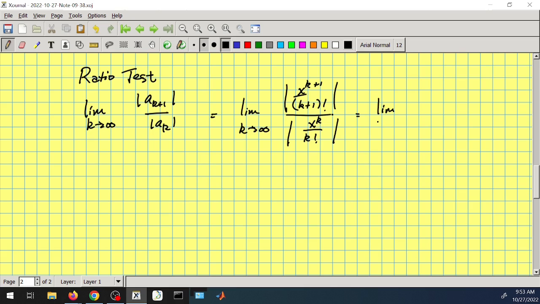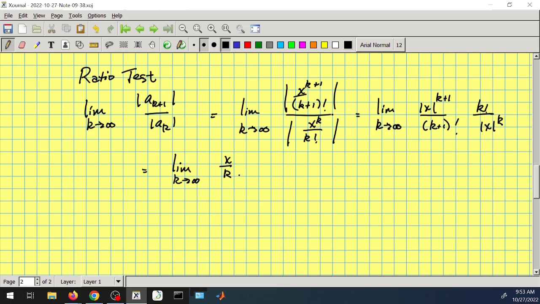So this is the limit of the absolute value of x to the k plus 1, k factorial, over k plus 1 factorial, divided by the absolute value of x to the k. This gives us the limit, as k gets large without bound, of x over k.